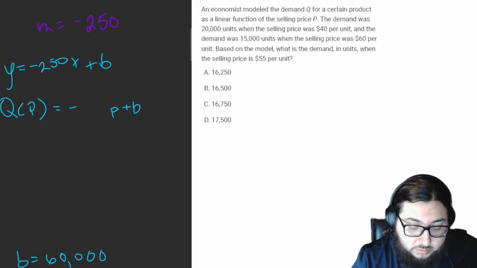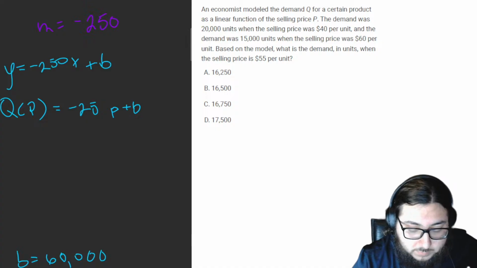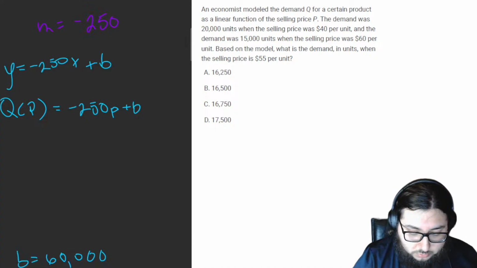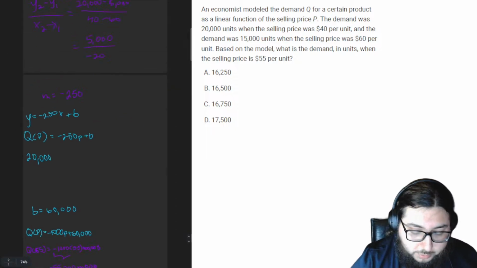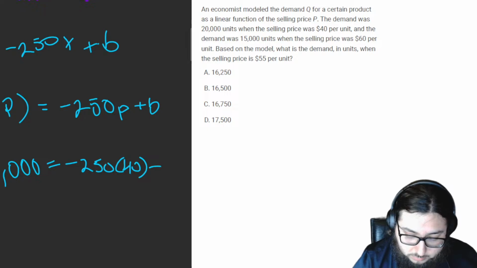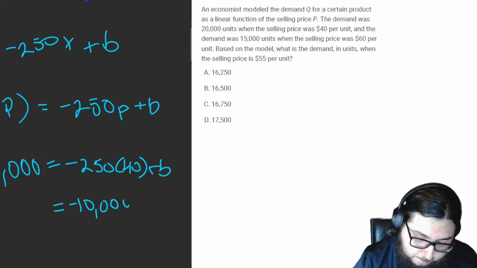We'll do this a little more quickly since we went over the process already. So we substitute an ordered pair, so we'll substitute 20,000 here. Recall that our ordered pair was 40, 20,000, so we can substitute 40 here plus b. This gives us negative 10,000, right?